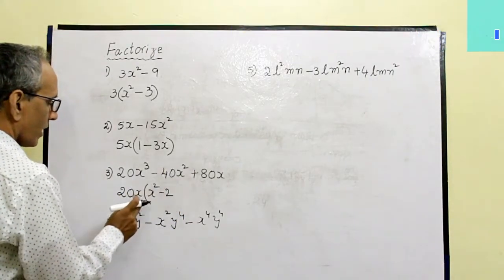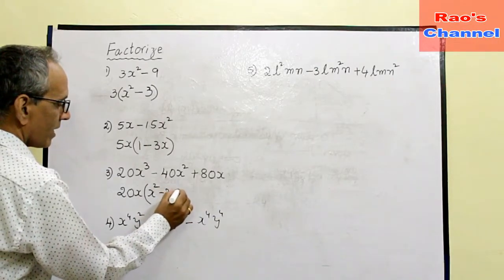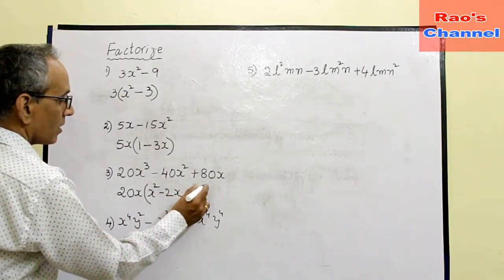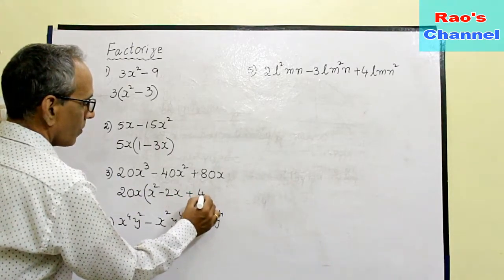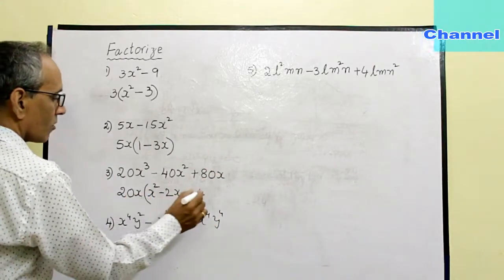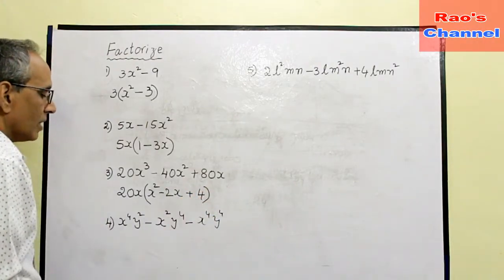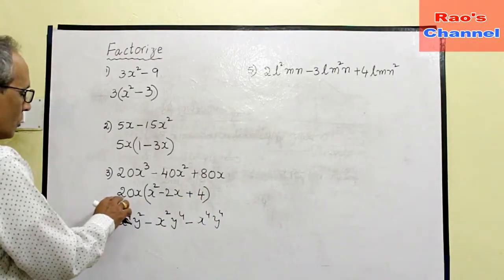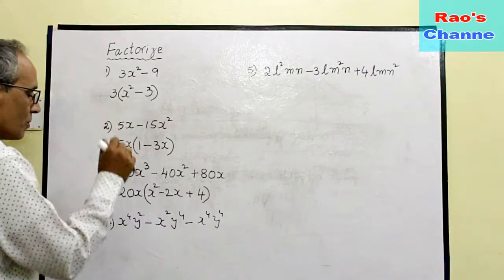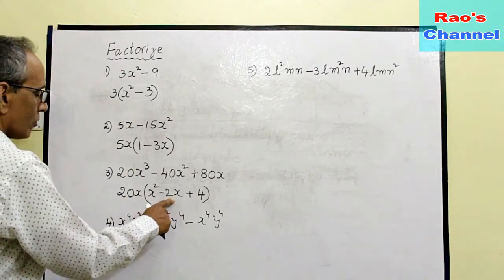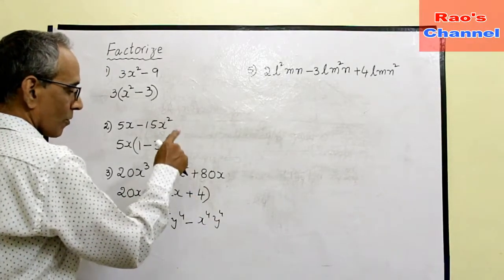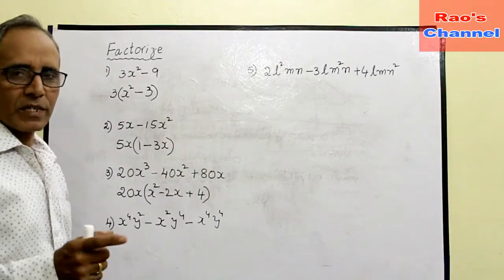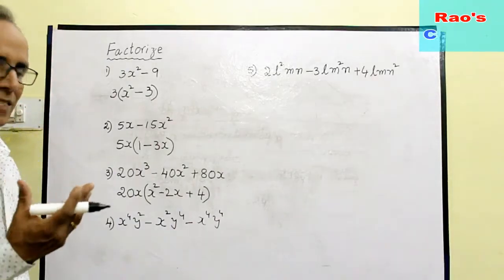Out of x square, x is common, so remaining x. Plus, out of 80, 20 as common factor, that is 4. X has already been taken as a common factor, so there is nothing remaining. Let's go back by checking. 20x into x square, 20x cube. 20x into minus 2x, 40x square. 20x into 4, 80x. Perfectly factorized by using the concept of H.C.F.